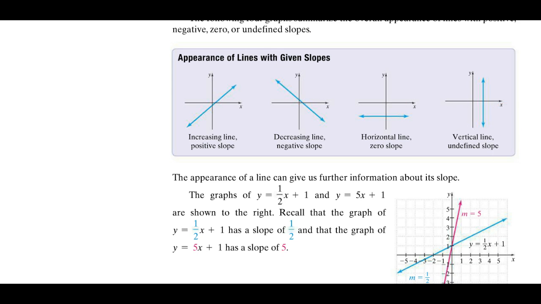When we see a line that starts low and goes up, this is positive slope. A line that starts high and goes down, this is negative slope. A horizontal line is 0 slope. A vertical line, undefined.